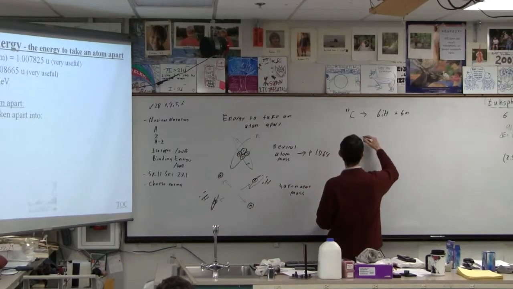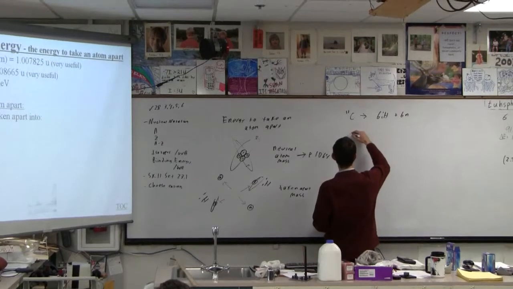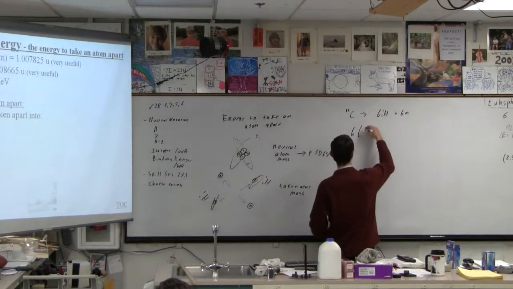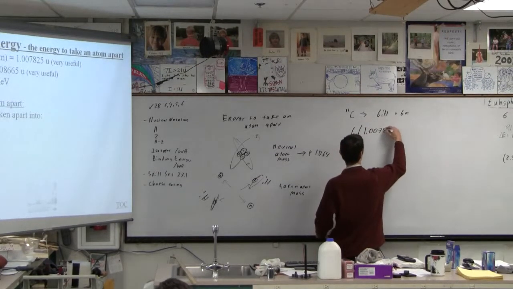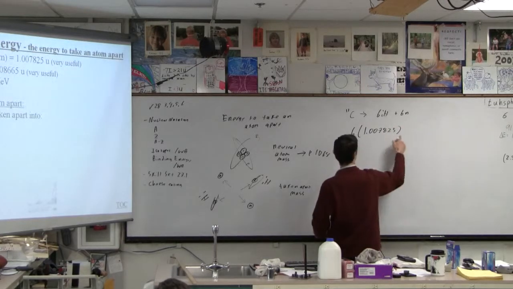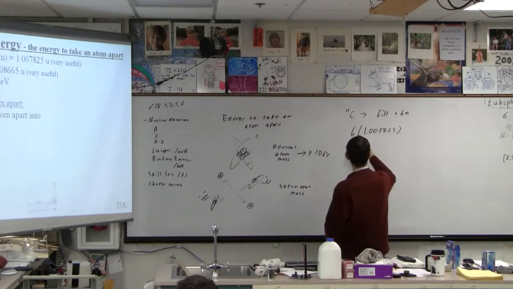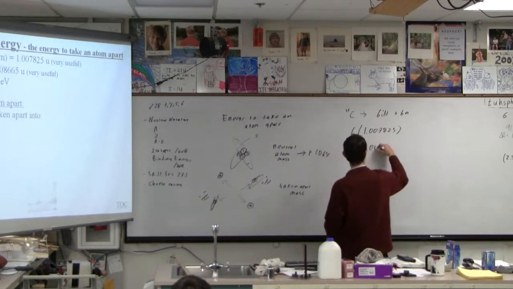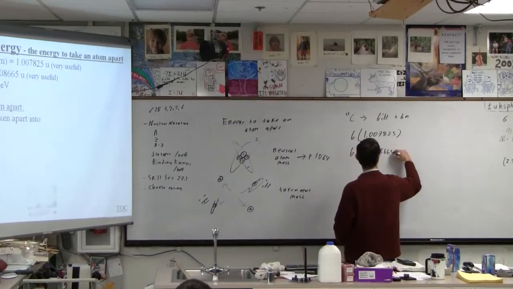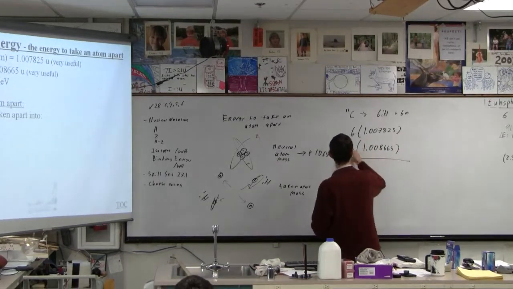When we do that, the mass that we get is 6 times 1.007825, and this is the hydrogen atoms. Then we go 6 times 1.008665, and we add this up.